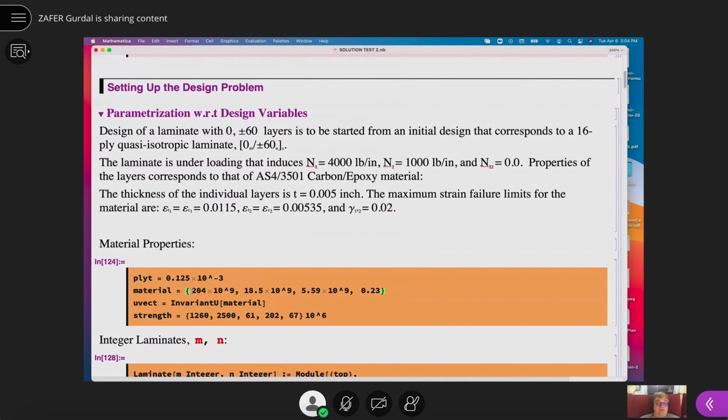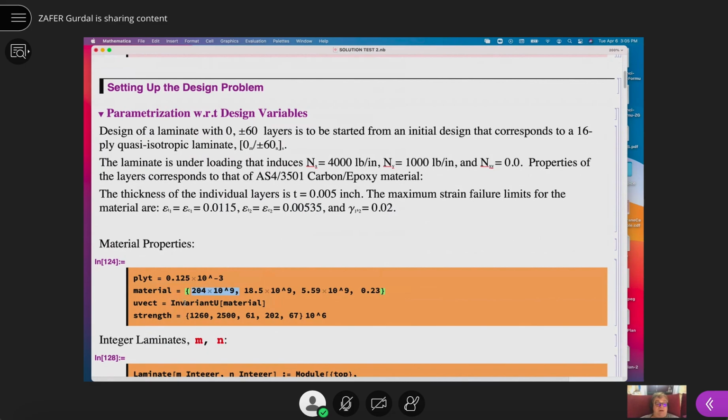And material that I'm using is 204, 10 to the 9, 18, 10 to the 9. These are obviously giga. I think they were metric Pascal.